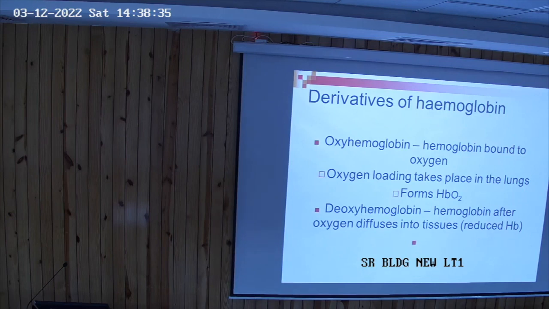RBC does not have any nucleus or any organelles, but it does survive, so some metabolism is taking place round the clock. This byproduct, 2,3-diphosphoglycerate, when increased in concentration, results in a shift towards right, that is, an increase in the speed of dissociation or liberation of oxygen.